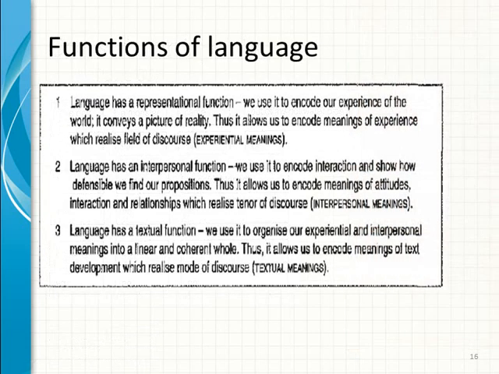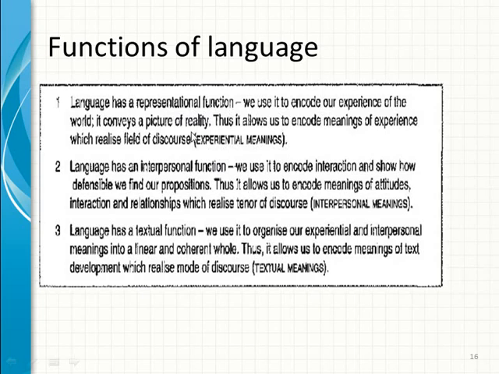Okay, and the last part is the function of language. From this explanation, we have to remember again the previous discussions. First, language has a representational function, and we call it experiential meaning, where we use language to encode our experience of the world.